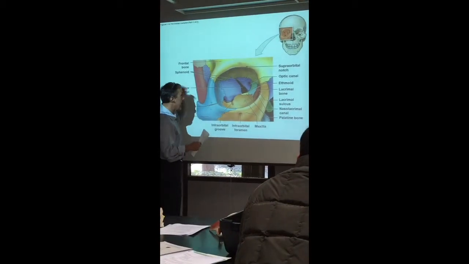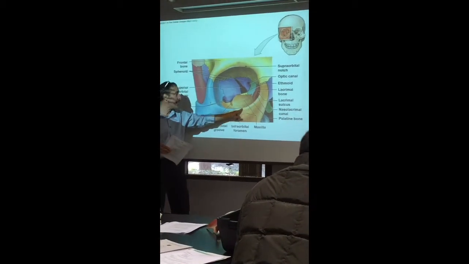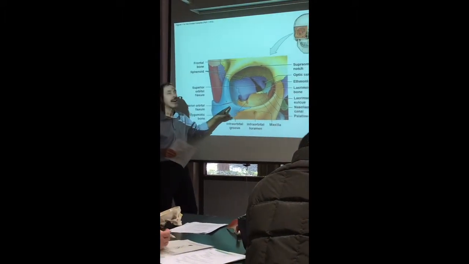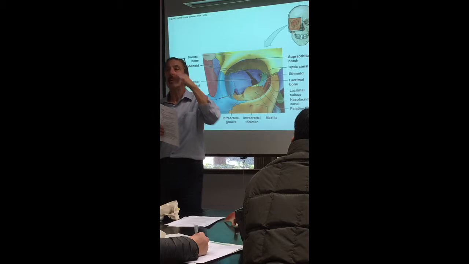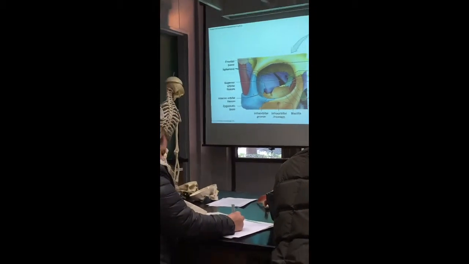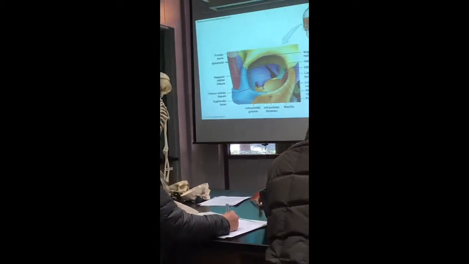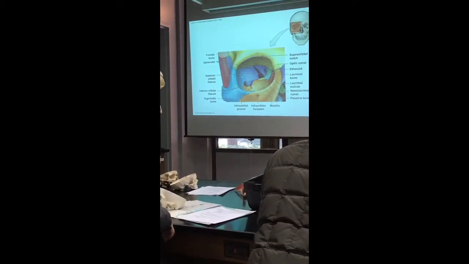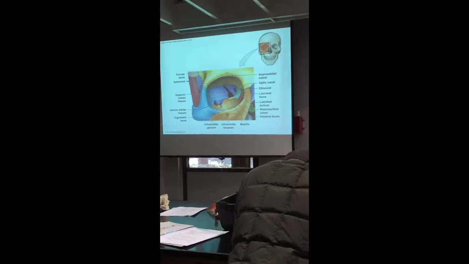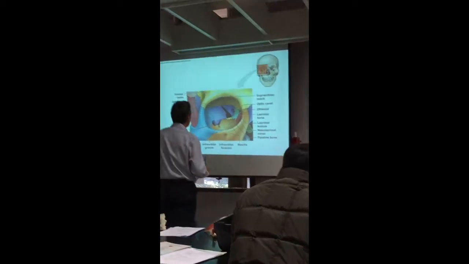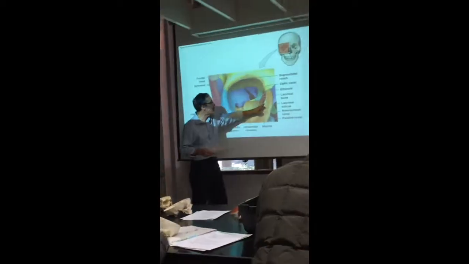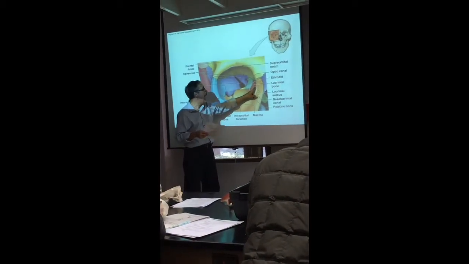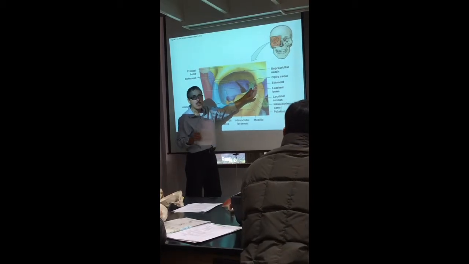The floor is predominantly the maxilla, but do me a favor, just add and zygomatic. For some reason I deleted that. So it's the maxilla and the zygomatic. The medial wall, letter C, you'll see is mostly the maxilla, and then you can see here the lacrimal bone, and I didn't mention it, but the ethmoid bone is in there too.